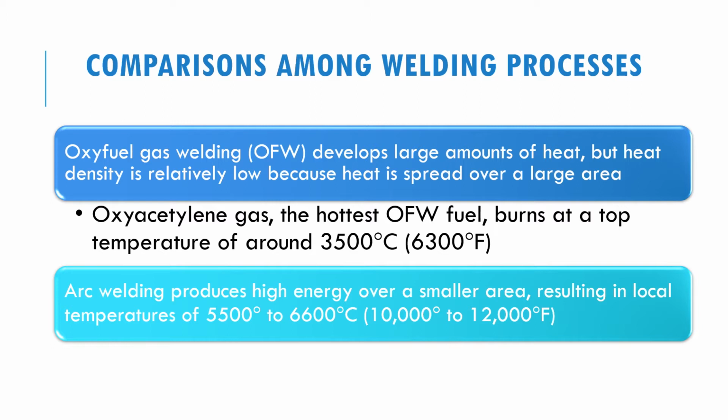Oxyacetylene gas, the hottest fuel used in oxy-fuel gas welding, burns at a top temperature around 3500 degrees Celsius. Arc welding produces high energy over a small area, resulting in a local temperature around 5500 degrees Celsius to 6600 degrees Celsius.